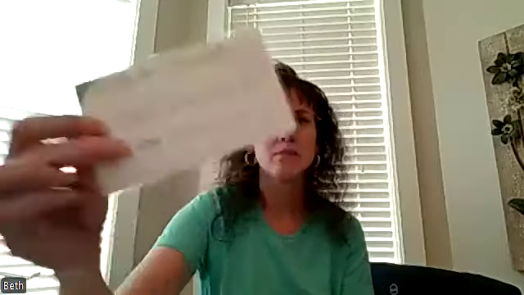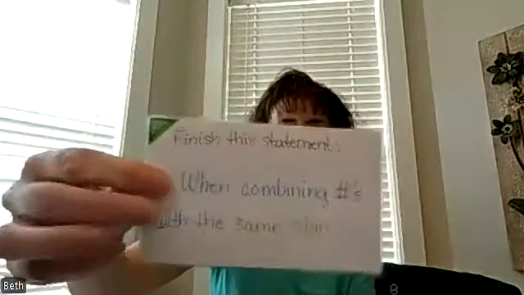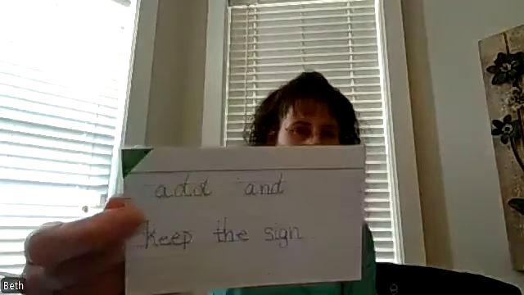These I reach for even when I've tutored college students. This set right here, the integer rules, we make these for even college students because they need automatic recall. And it says, finish this statement. When combining numbers with the same sign, add and keep the sign. And we keep that on the table.